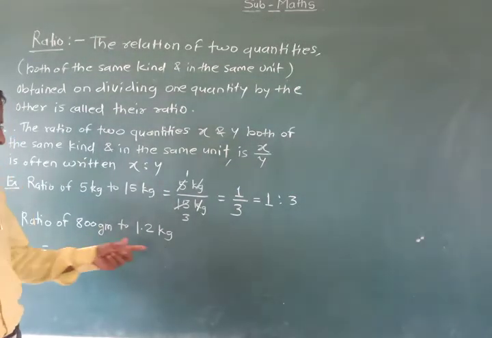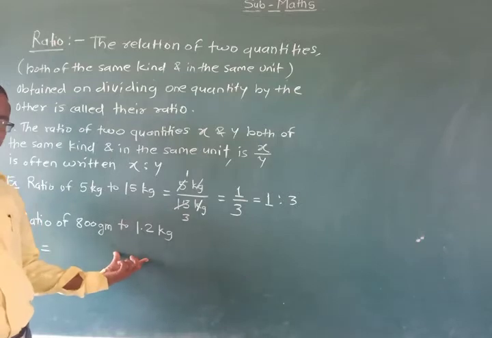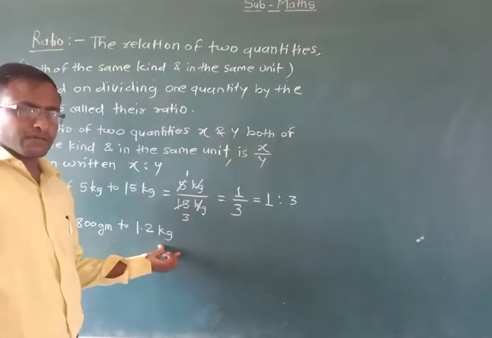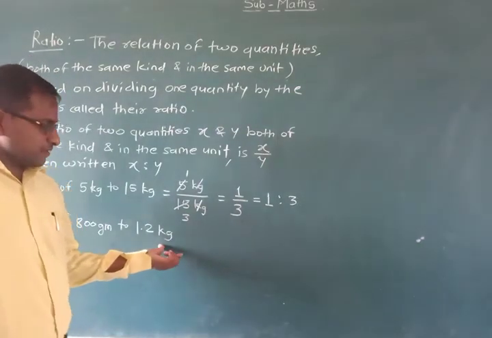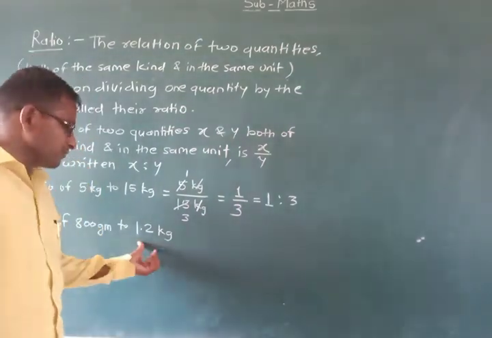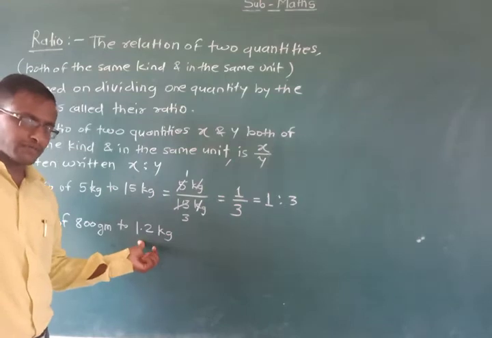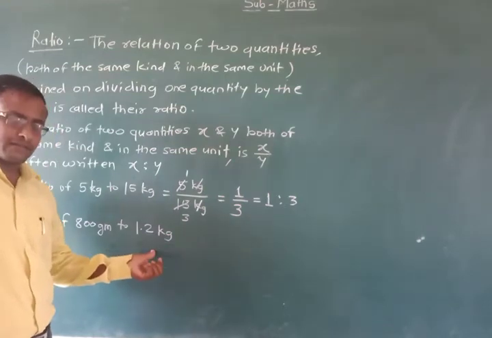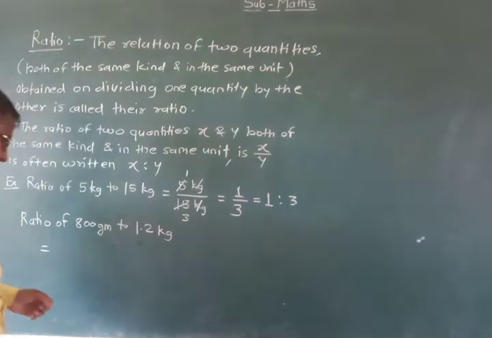See here gram and here kg, different units. So kg is converted into gram. 1 kg is equal to 1000 gram, so this value is multiplied by 1000, then we get this quantity in grams.